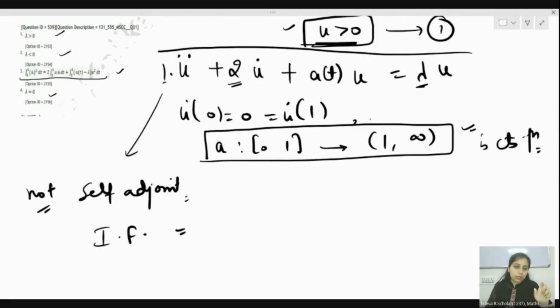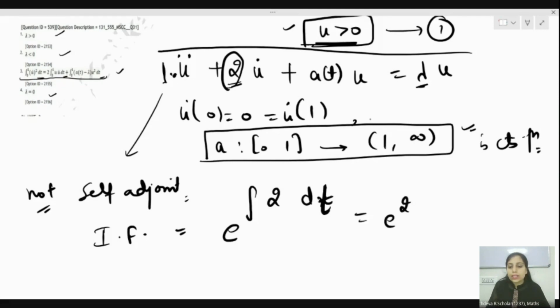This is a tough problem, I can say, but just understand what I'm saying. The integrating factor will be found by e raised to the power integration of the coefficient, 2, dt, because here the independent variable is t. You can see here dt, dt, dt.